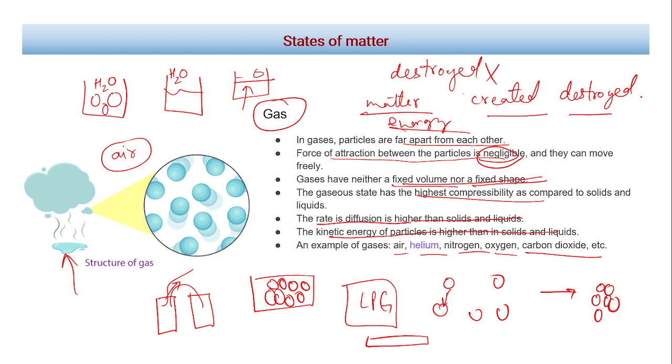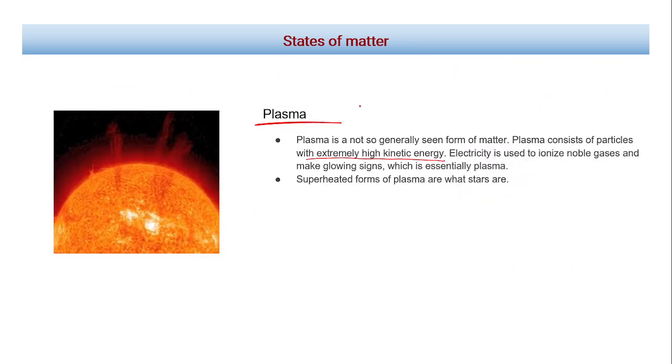Just now we discussed that gas particles have higher kinetic energy than solids and liquids, because they gain energy from somewhere. Plasma has even higher kinetic energy than the gaseous state. That's why I said it's difficult to find commonly around us.